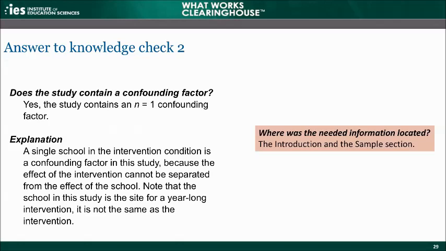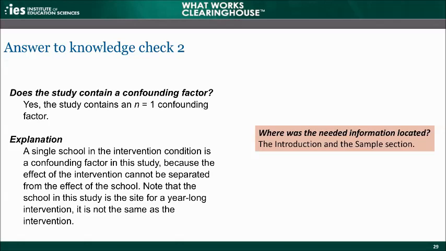Regarding this note, this goes back to the hypothetical career academy example that Natalia went through earlier, in which, although there was only one school in the intervention condition and multiple schools in the comparison condition, the school and the career academy intervention were one and the same, and thus there was no n=1 confound.